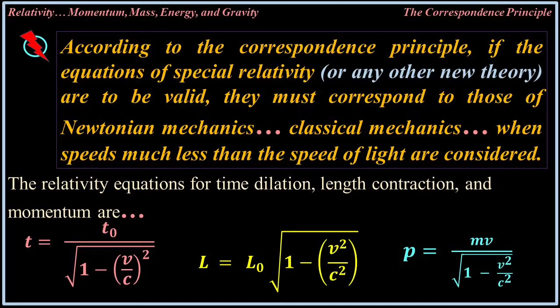The relativity equations for time dilation, length contraction, and momentum are: t equals t naught over root 1 minus v squared over c squared; L equals L naught times root 1 minus v squared over c squared; and p, the momentum, equals mv divided by root 1 minus v squared over c squared.